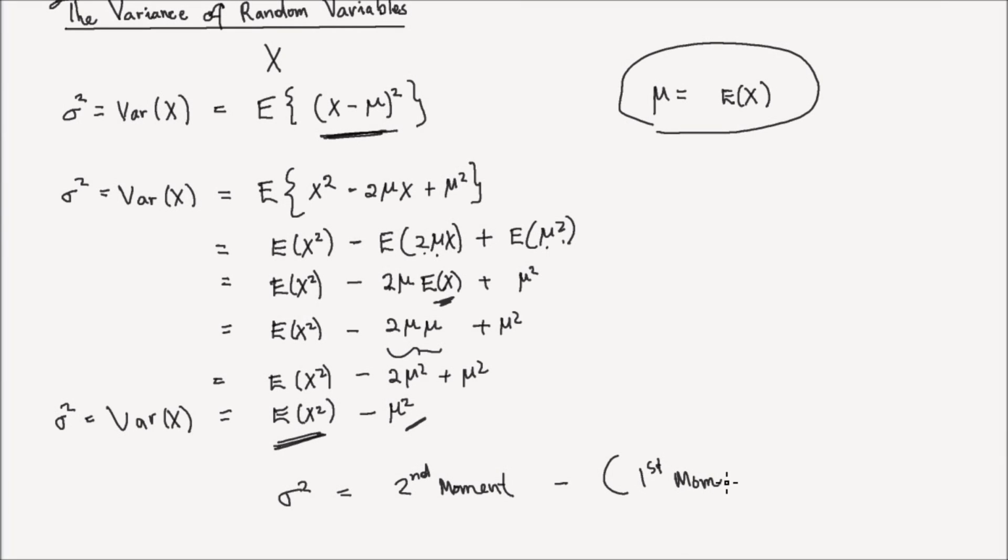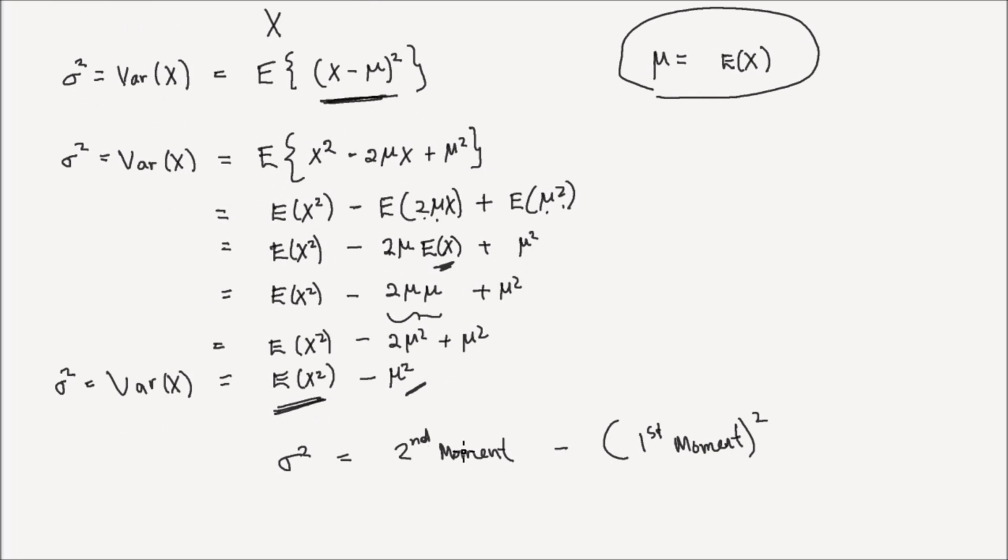Notice here that if I have a random variable X, let's say that random variable is the time to finish a 100 meter run, and that is measured in time units, let's say in seconds. But the variance is the square of X minus the average value squared. The unit of the variance, therefore, is the square of the unit of the random variable.